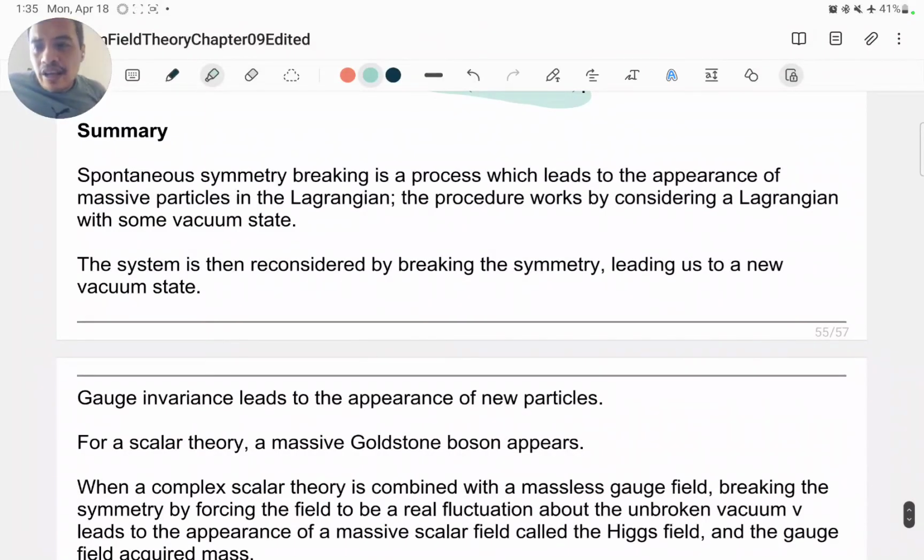As a summary, I'll just read the tabs here. Spontaneous symmetry breaking is a process which leads to the appearance of massive particles in the Lagrangian. The procedure works by considering a Lagrangian with some vacuum state. The system is then reconsidered by breaking the symmetry, leading us to a new vacuum state. Gauge invariance leads to the appearance of new particles.